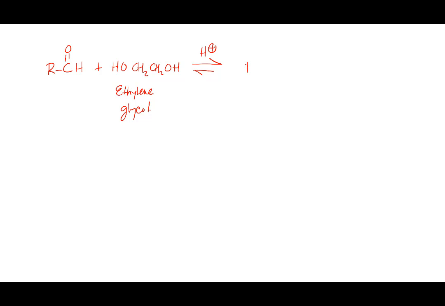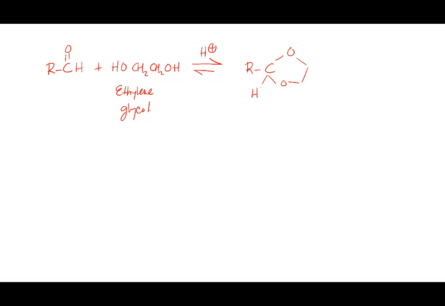The other use of ethylene glycol, honestly, is this reaction to form those types of cyclic acetals or cyclic ketals. Because when you form the cyclic product, it pushes the equilibrium to the right. And the reason for making these is that they are stable.